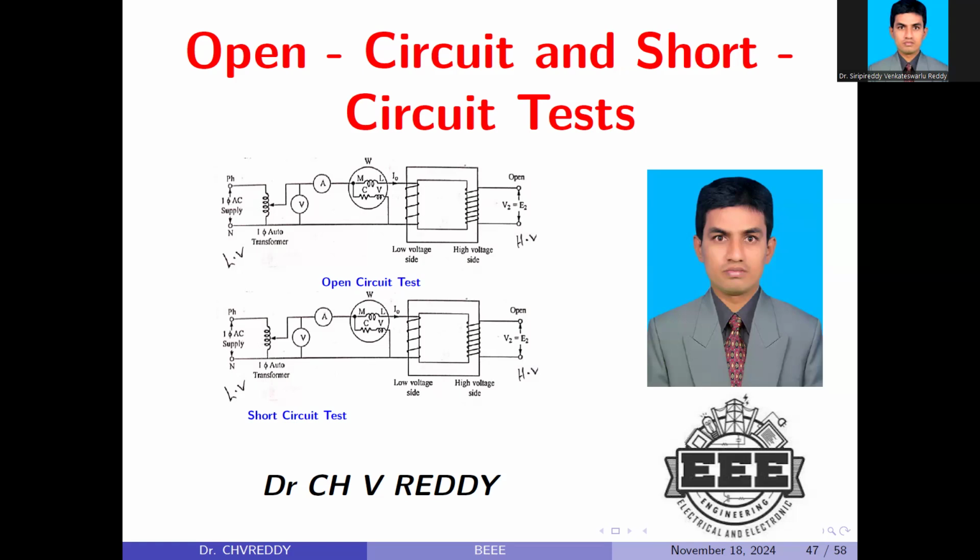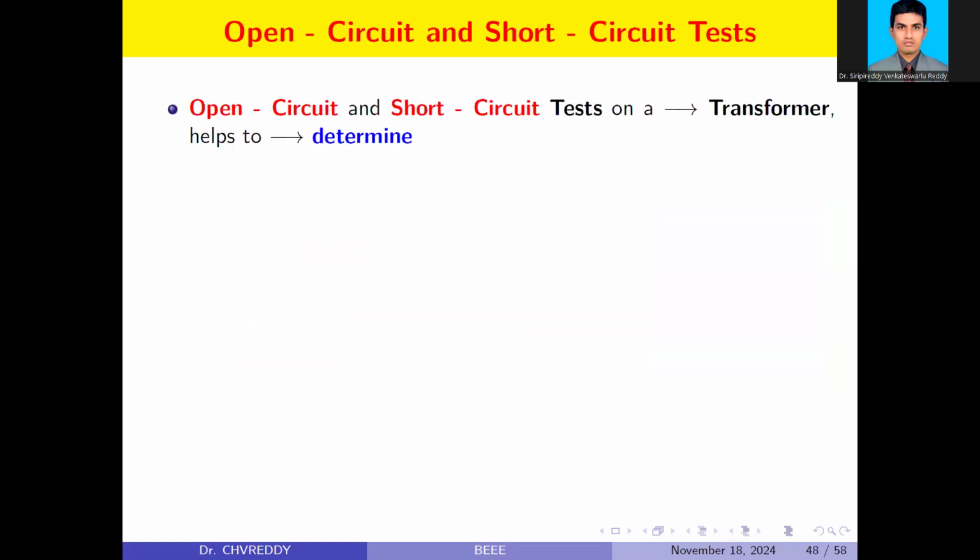So today I'm going to discuss my topic, the open circuit test and short circuit test. So what is the need of the open circuit test and short circuit test? The open circuit and short circuit tests on a transformer help to determine the following parameters. The first one is the parameters of the equivalent circuit. What are the parameters of the equivalent circuit?